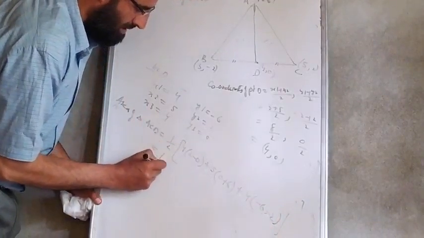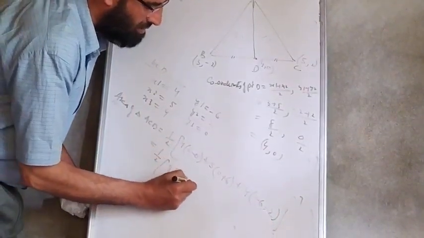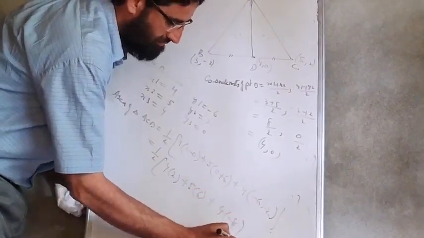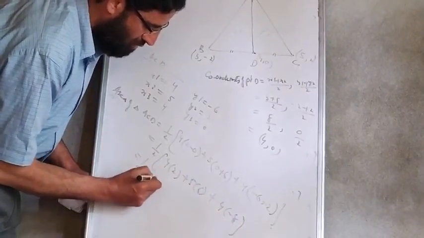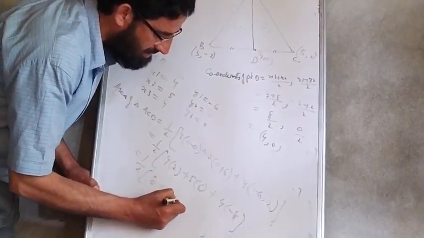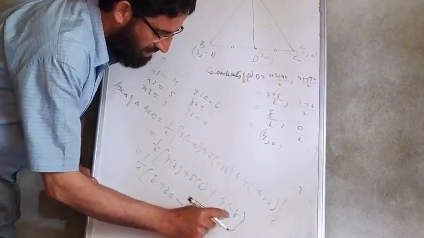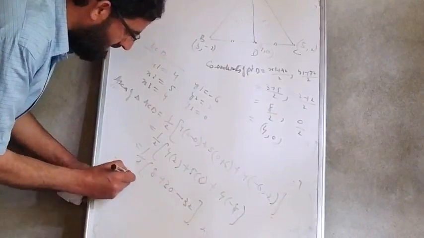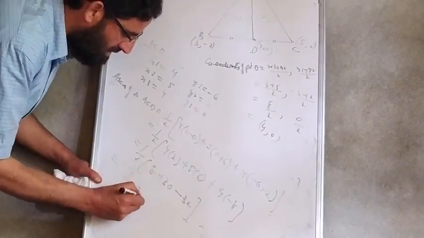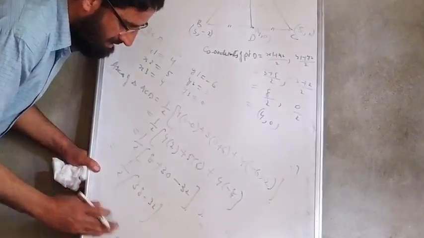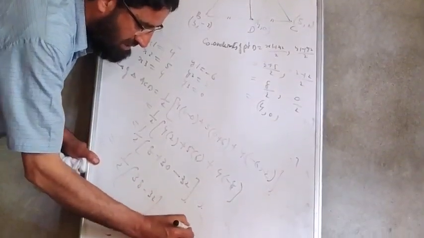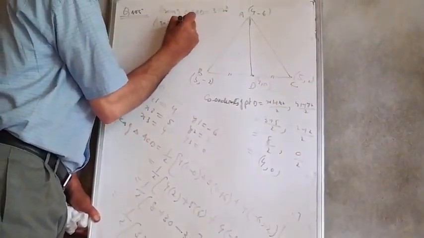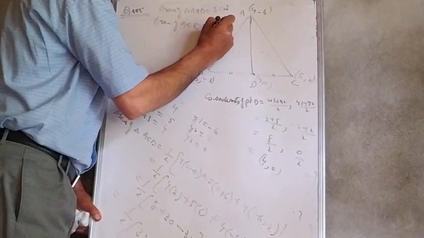So 1 by 2 times [4 into 2 plus 5 into 6 plus 4 into -8]. That is 1 by 2 times [8 plus 30 minus 32], which is 6 divided by 2. So again, area of triangle ACD is equal to 3 square units, or 3 centimeters square.